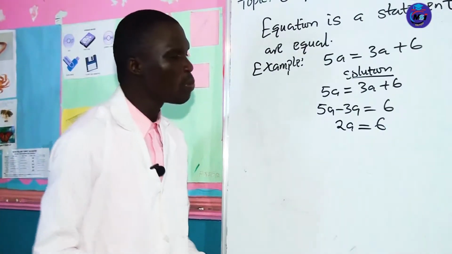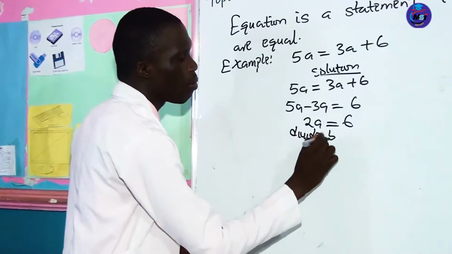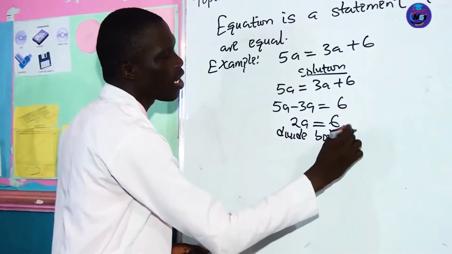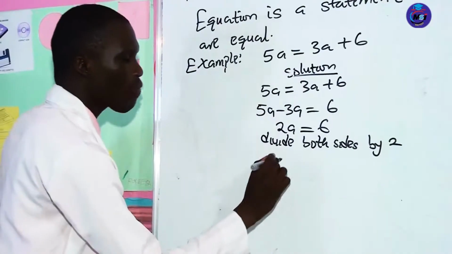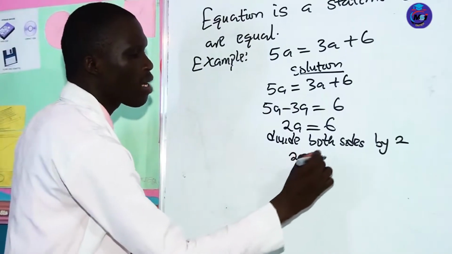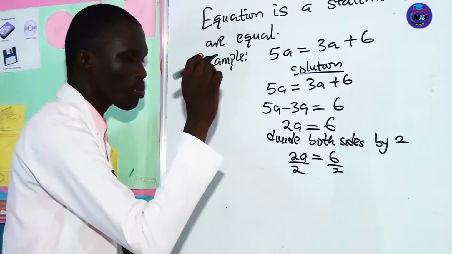So what are we going to do? Divide both sides by 2. Therefore we have 2a over 2 equals 6 over 2.